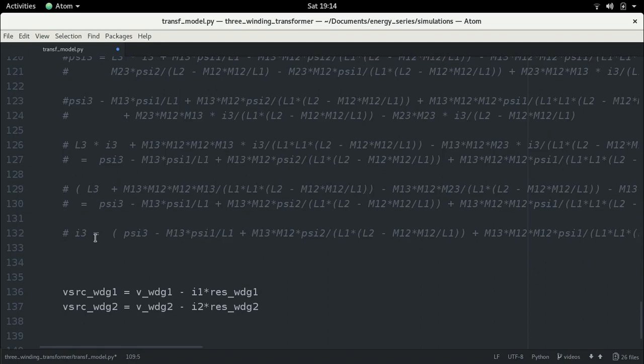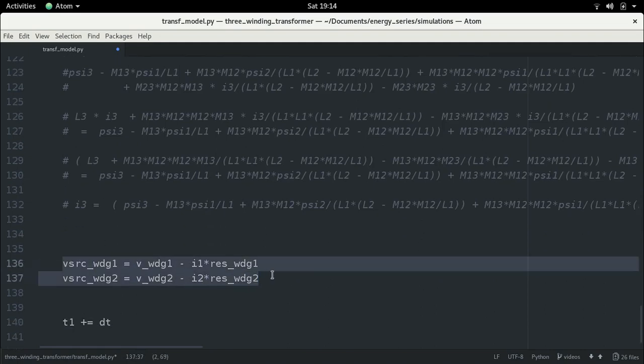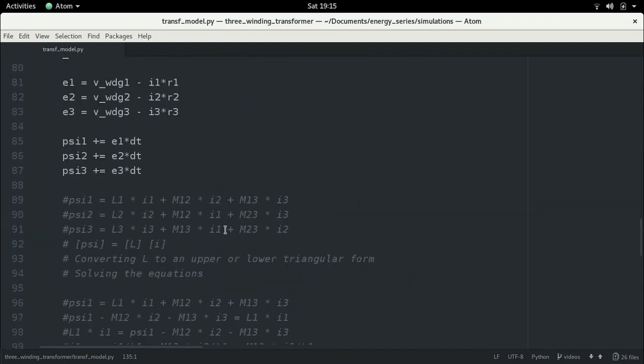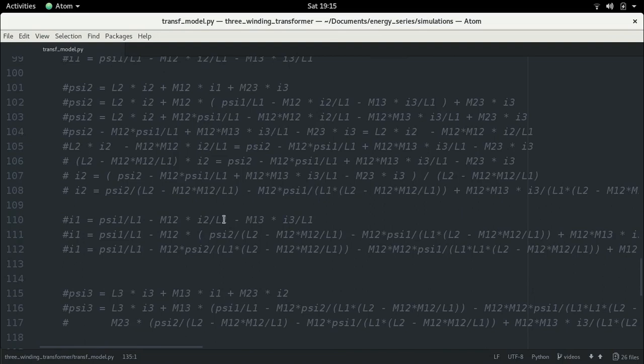And once we have the three currents, we can now calculate our new source, that is our winding voltages. So this is now the new magnetic model, right? As I said, it's a very, very messy equation, and this is what happens when you try to solve a lot of simultaneous equations manually.